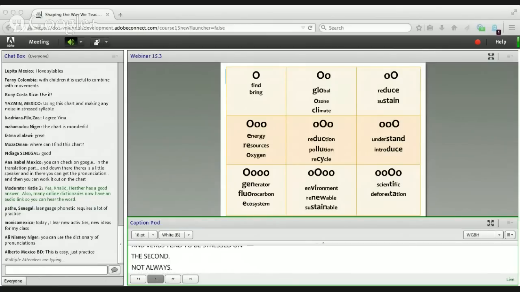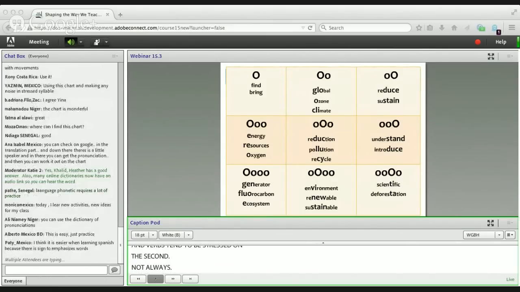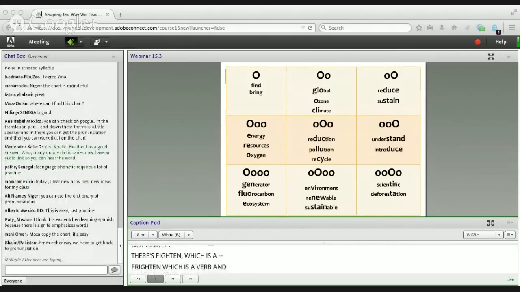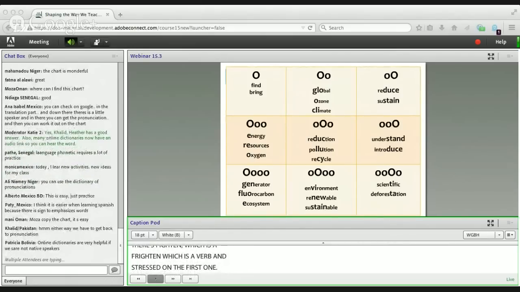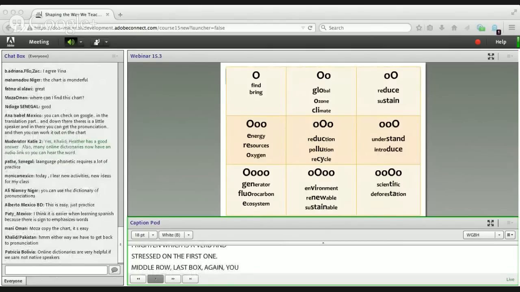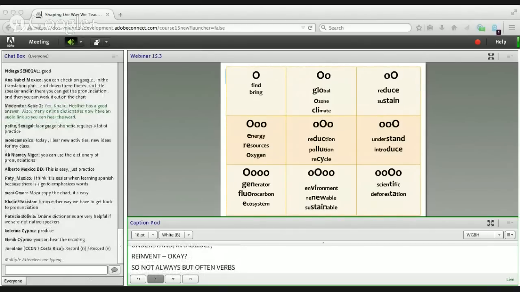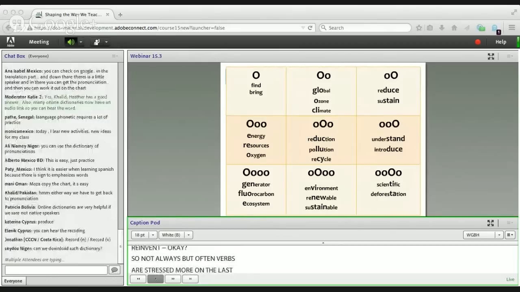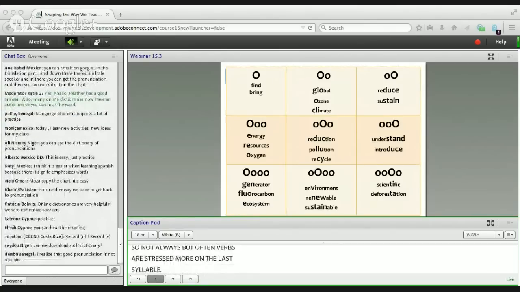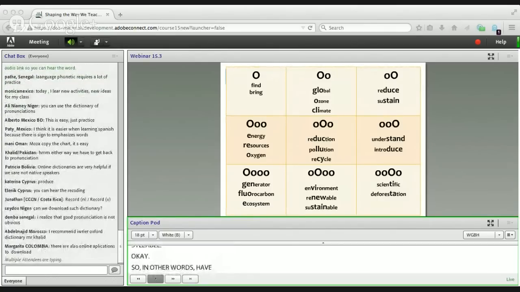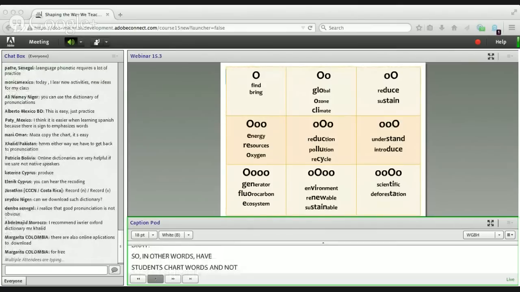And if you look at the middle row, the last 2 boxes, or the very last box, so da, da, da, again, you notice how those are both verbs: understand, introduce, reinvent, okay? So not always, but often verbs are stressed more on the last syllable. Okay. So in other words, have students chart words, and not just for that unit, but for every unit, and then have them draw some conclusions over time, okay?